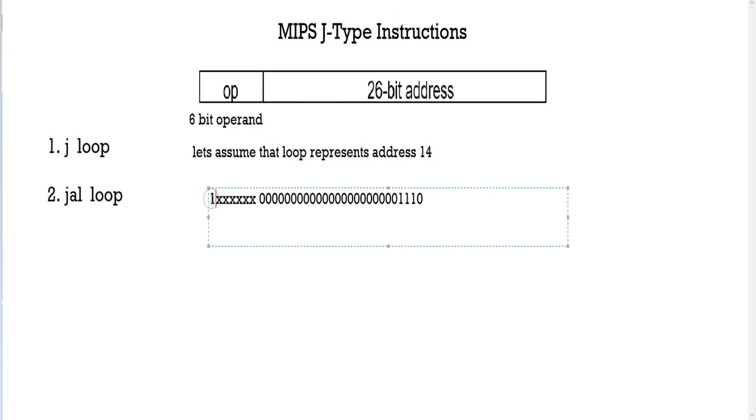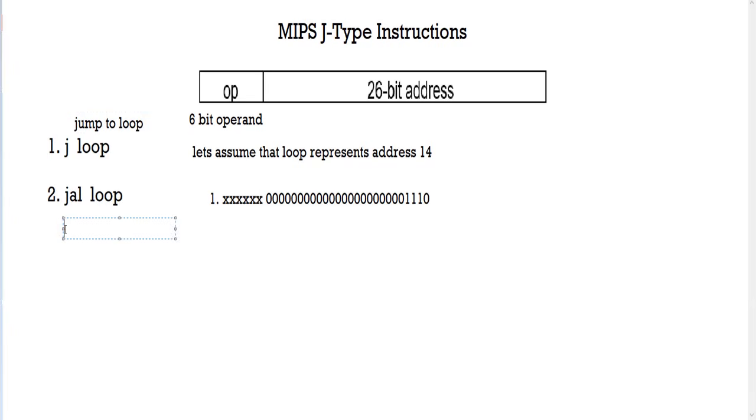Next we have the second type of jump instruction, which is called JAL. Now what's the difference between just jump and JAL? So this one means jump to loop, and this one means jump and link to loop.